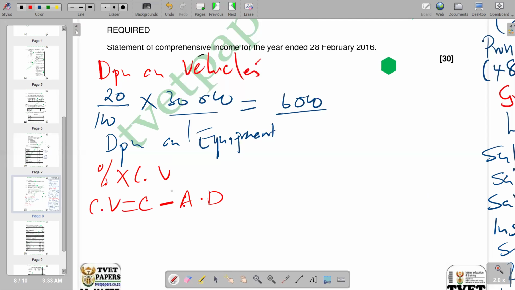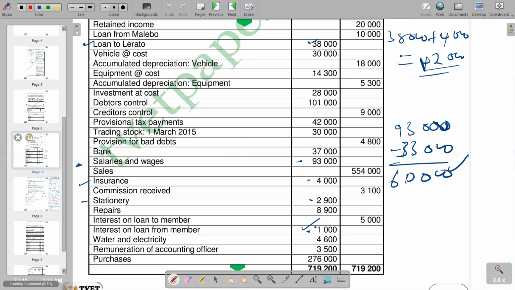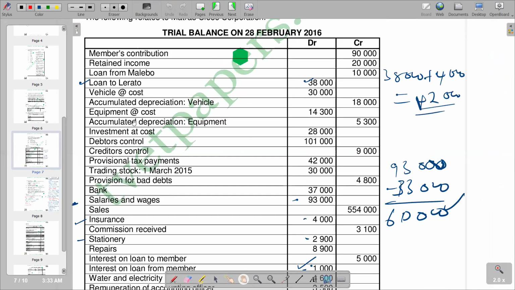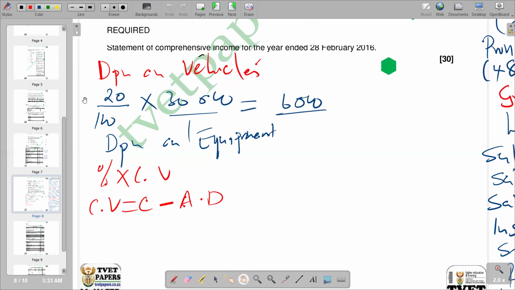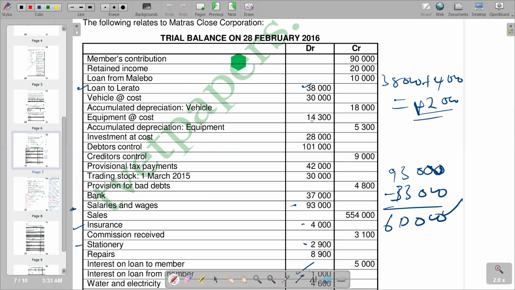We find that our cost for equipment is 14,300. So we say 10 over 100 times carrying value. We check the figure for cost, 14,300, and accumulated depreciation on equipment, 5,300.